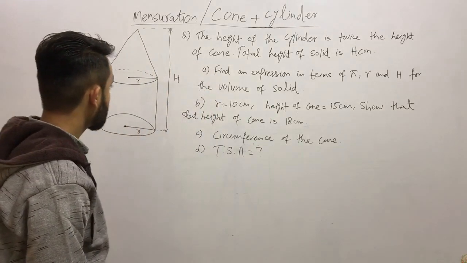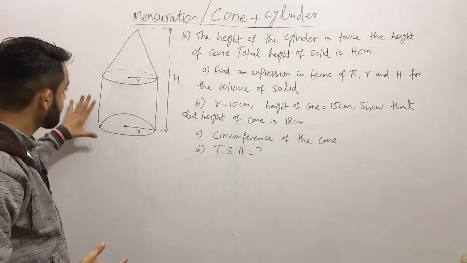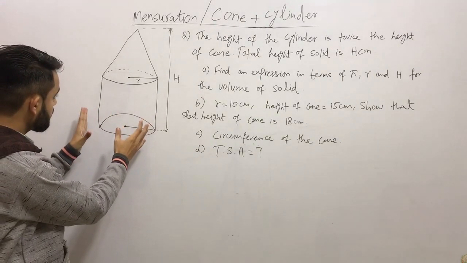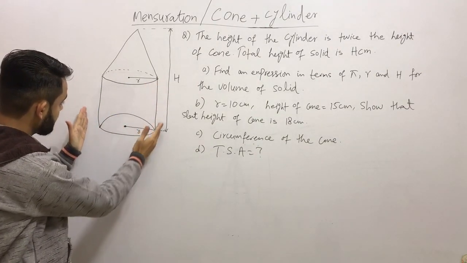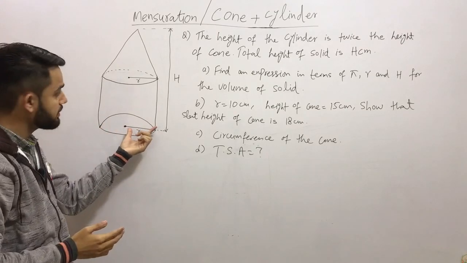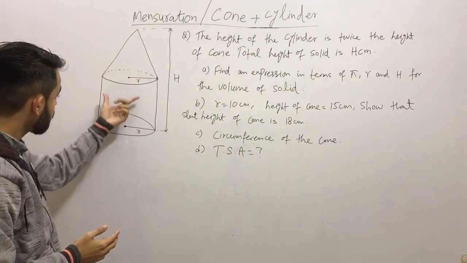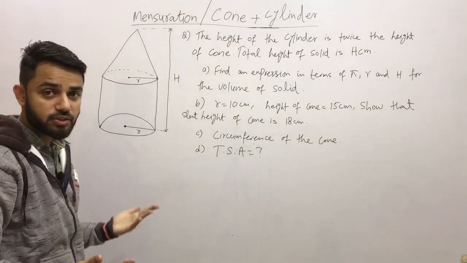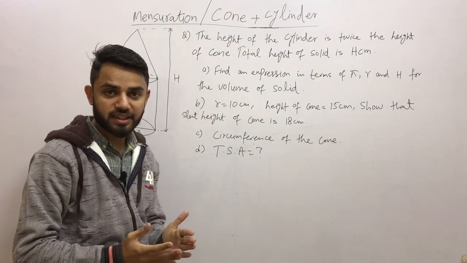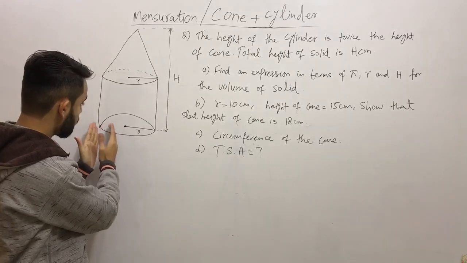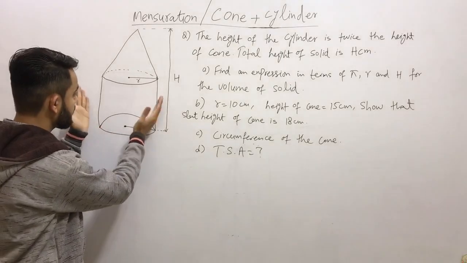So let's read what this question says, and let me first explain the solid that we have. In this figure, this is the cylinder with a circular base of radius r centimeter, and on the top of this cylinder we have a cone. A cylinder usually has two circular bases and one curved surface, but here we have one circular base and the curved surface.